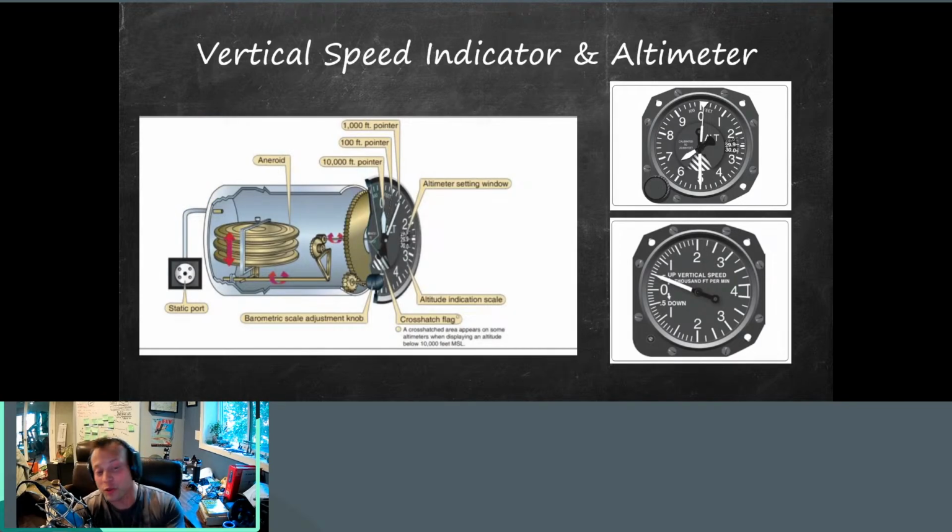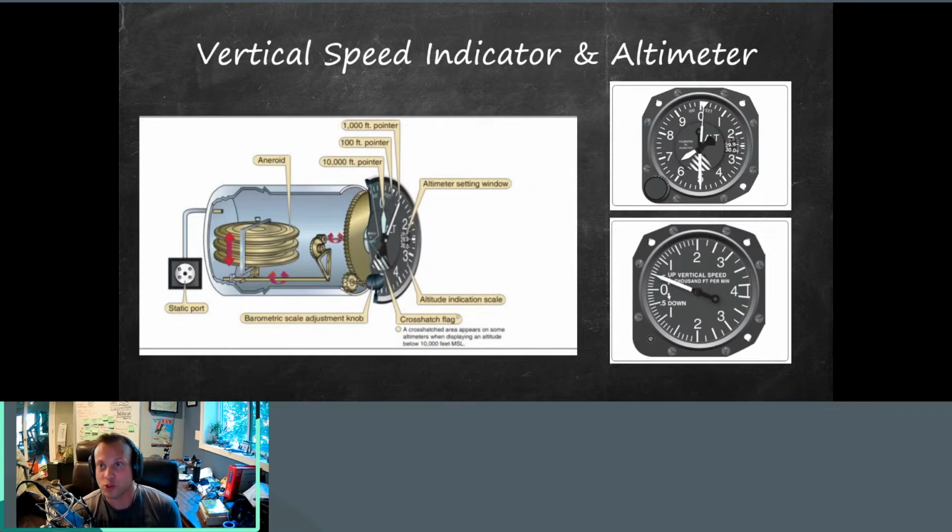Now, the vertical speed indicator operates very similar, except that there's the aneroid chamber that gets air from the static port, and then there's a calibrated leak in the outside chamber. And so when the pressure inside the aneroid chamber and the outside casing of the instrument are the same, it'll indicate 0, that you're not climbing.